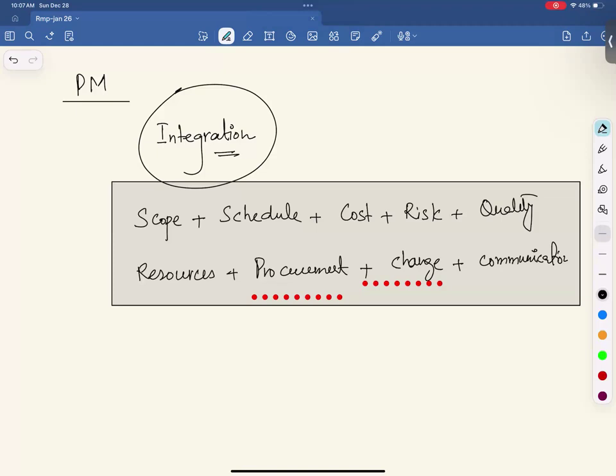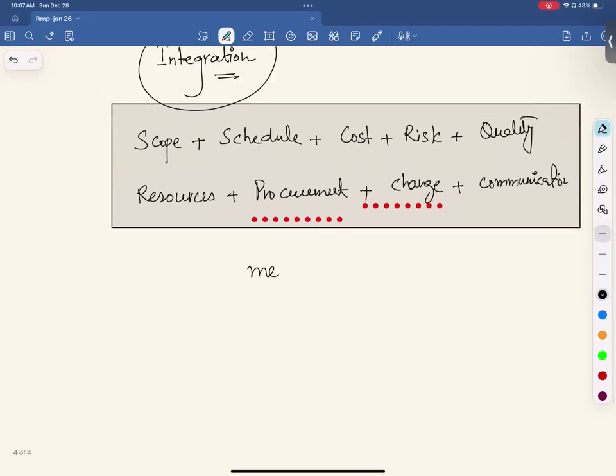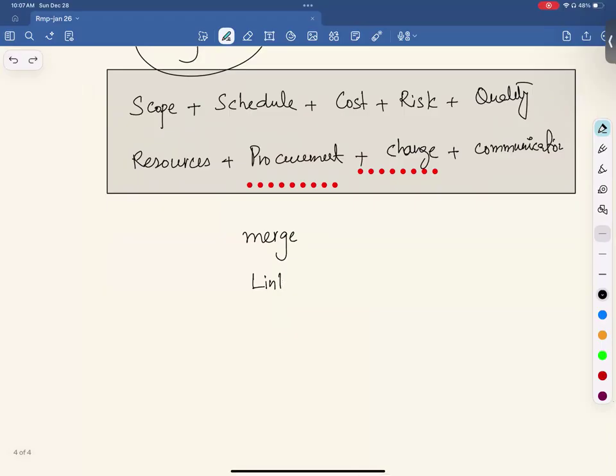Anybody else? What is integration? Integration is like merging something into a main scope or the main area. You have the scope, schedule, risk, quality, resources, everything, and you make it deliverable and materialize or implement a system basically.